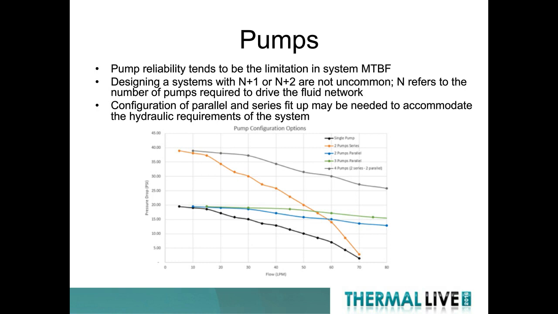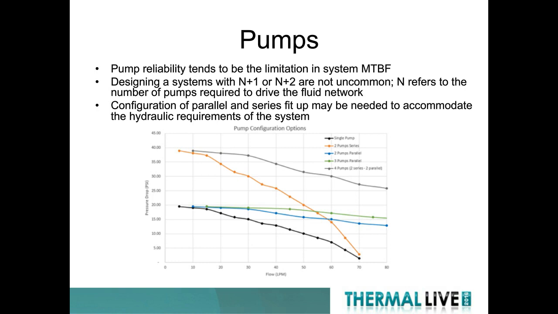If we put two of these pumps in series, then the corresponding performance will be the orange or brown curve. If we put two of these in parallel, the blue curve becomes the performance curve of these two pumps, and the green would be three of them in parallel.